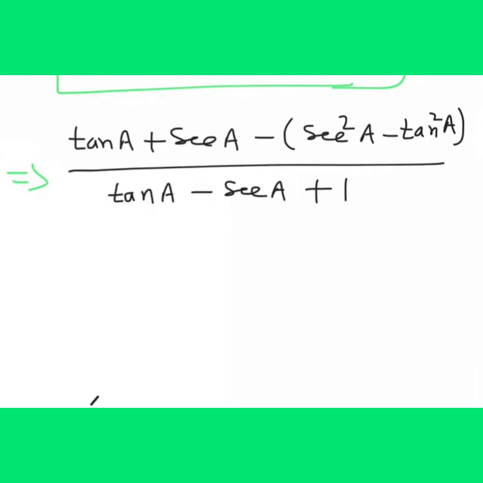Okay, but dear, here in the numerator you can observe that there is a square minus b square.